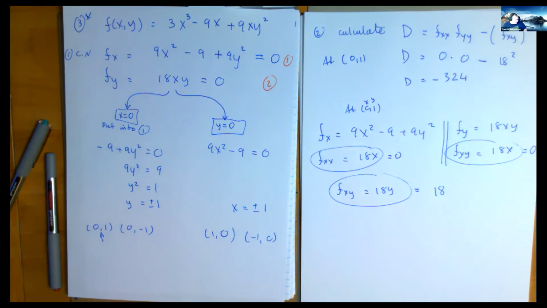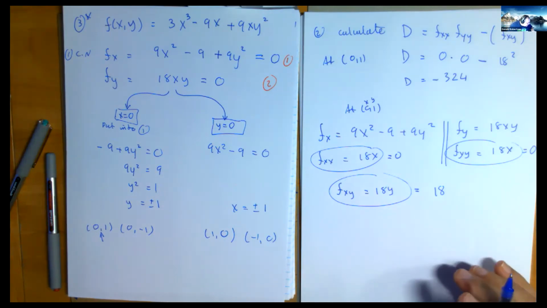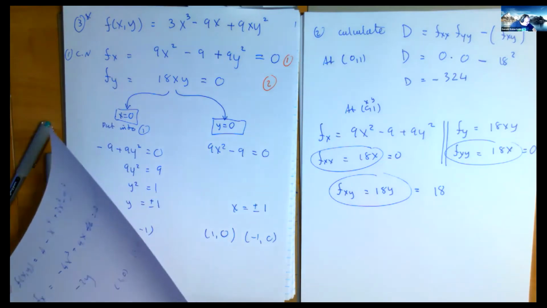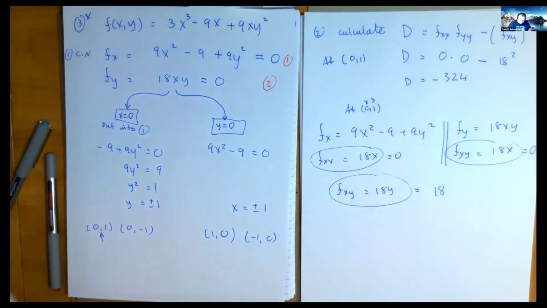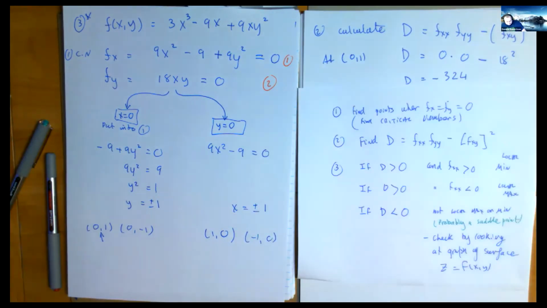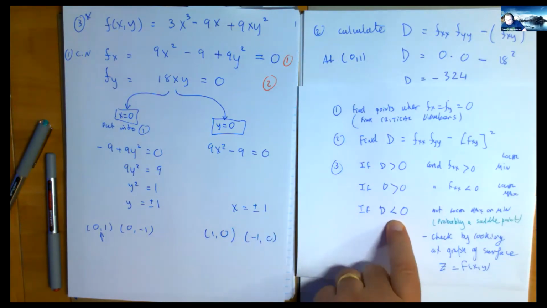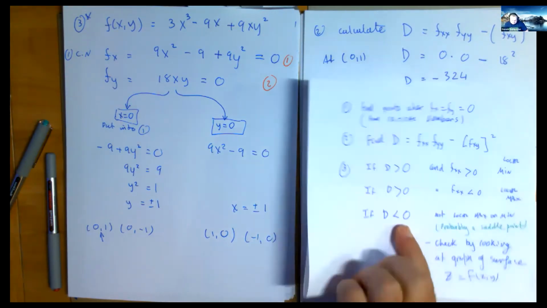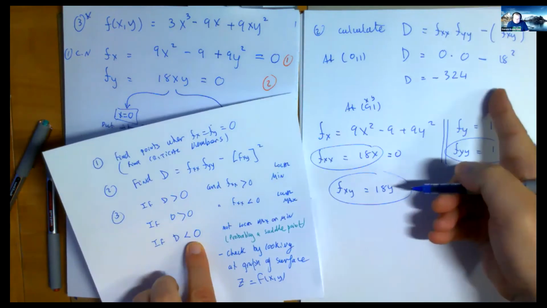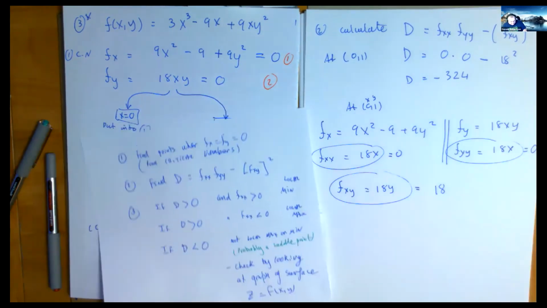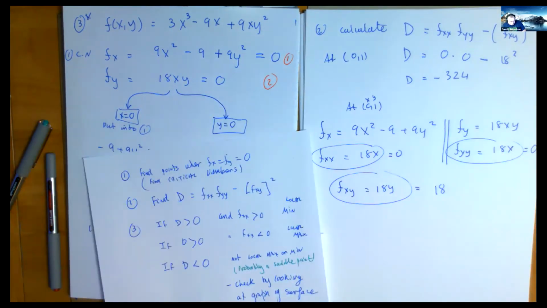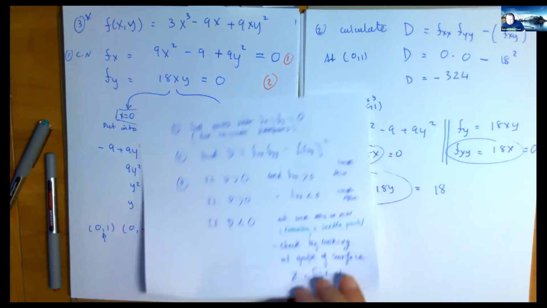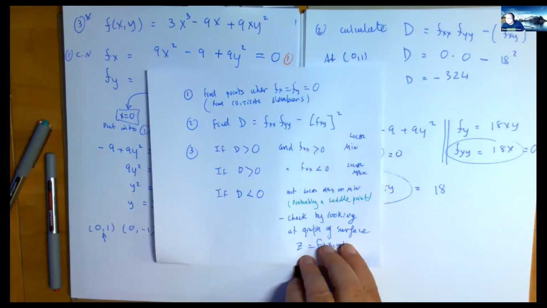And the test says, if I've got it written here, I think I kept it from last time. Yeah, test says this. If D is less than 0, which it is, agreed? Then this will definitely not be a local max or min, and is probably going to be a saddle point. Agreed?